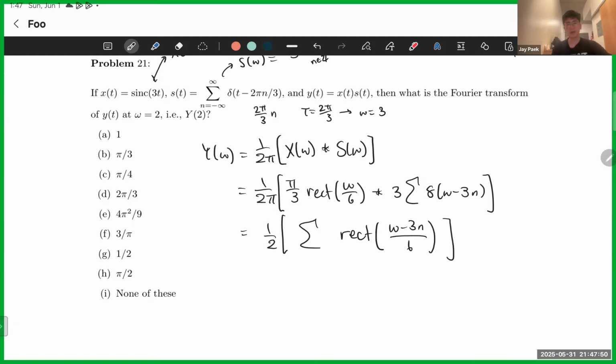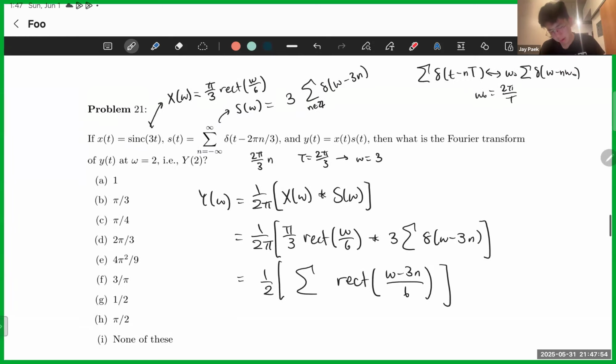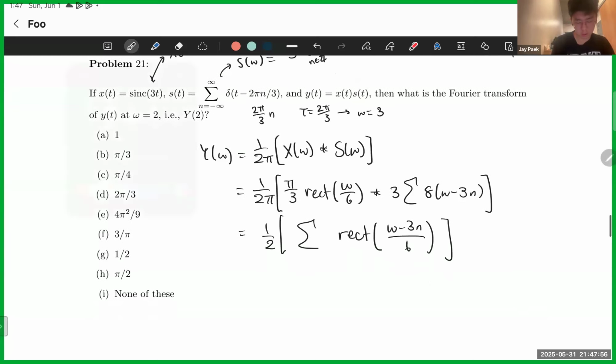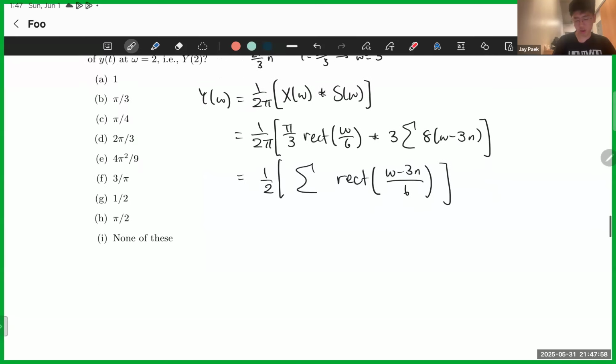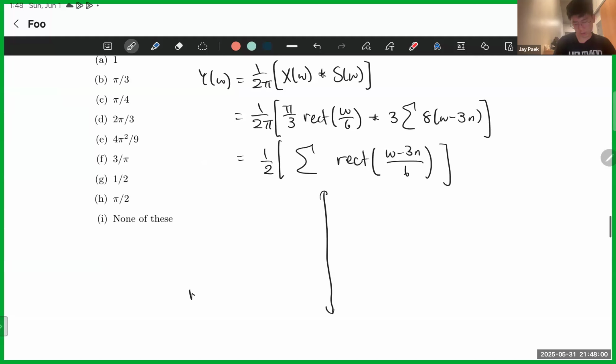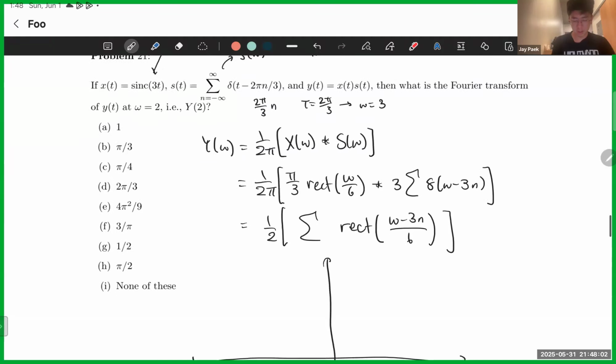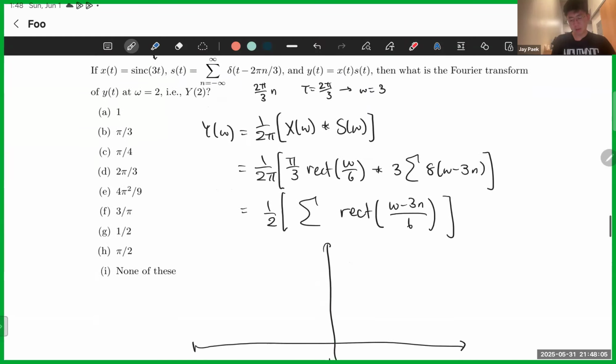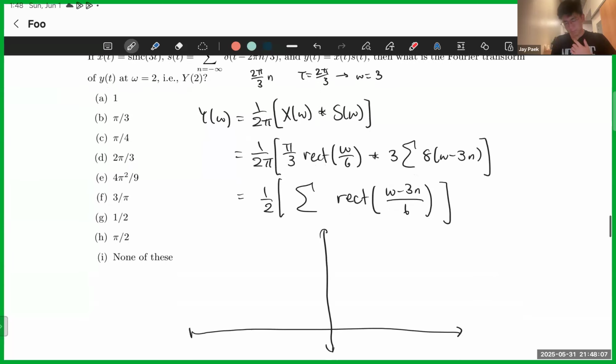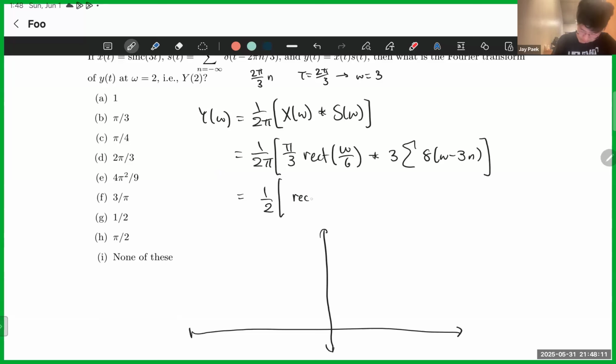Usually at this point, you can write it out, nothing's stopping you. I like to just draw it out, because drawing out impulse train convolutions is probably the easiest thing. Essentially, I'll leave it in a form where it's easy to see.